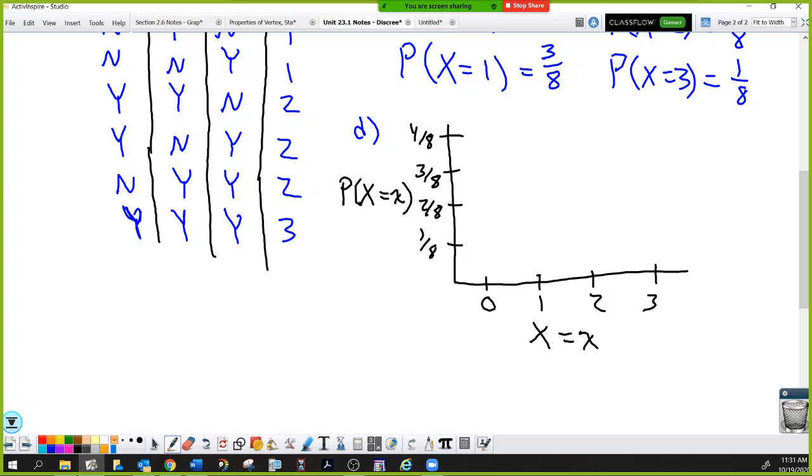So the probability that X equals 0 is 1/8. The probability of 1 and 2 are exactly the same, 3/8. And X equals 3 is 1/8 again. There it is. That's legitimately it. It is pretty darn simple. For now.